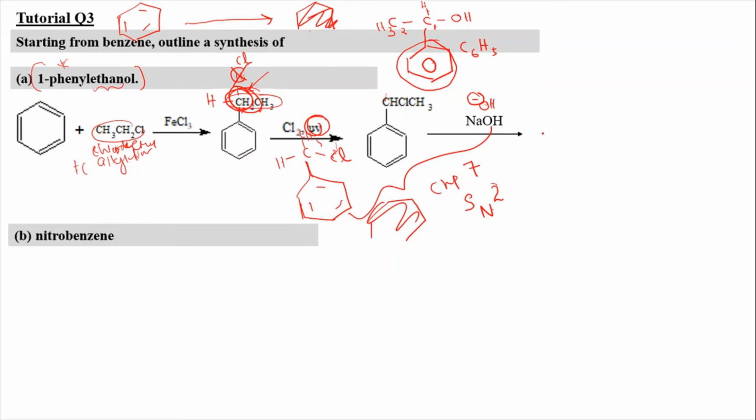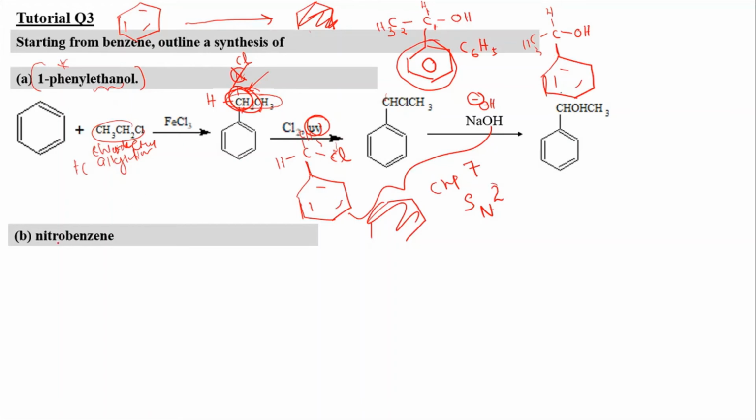So what happened here is that your benzene, which is attached with a CH and CH3 here, the Cl will leave and OH will enter. And you're going to get your product that you wanted to form initially. Okay, so you can draw it in the expanded structure or you can draw it in the condensed structure here.